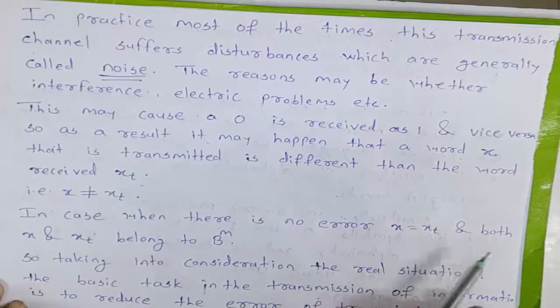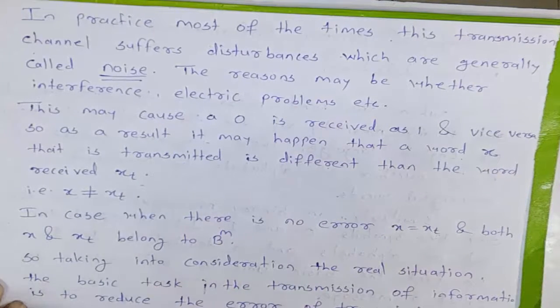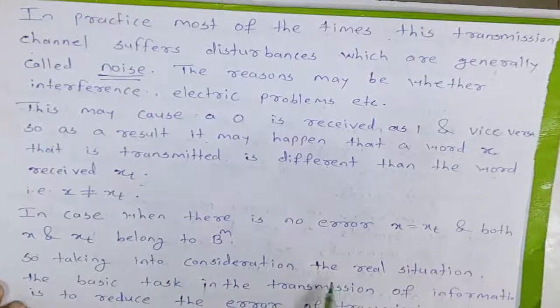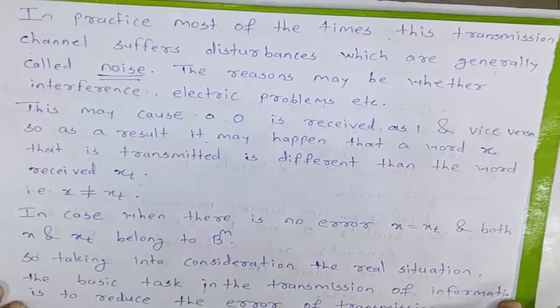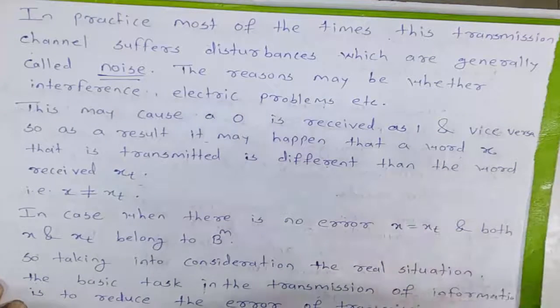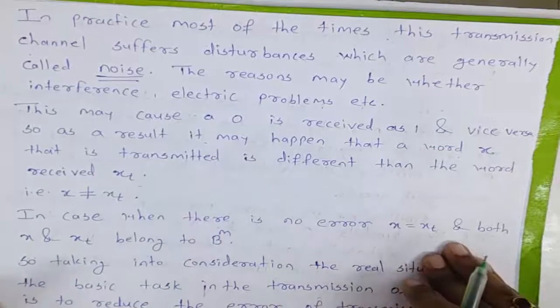So there is no disturbance, no error. If there is error or disturbance, then x is not equal to xt, right? So taking into consideration the real situation, the basic task in the transmission of information is to reduce the error of transmission.